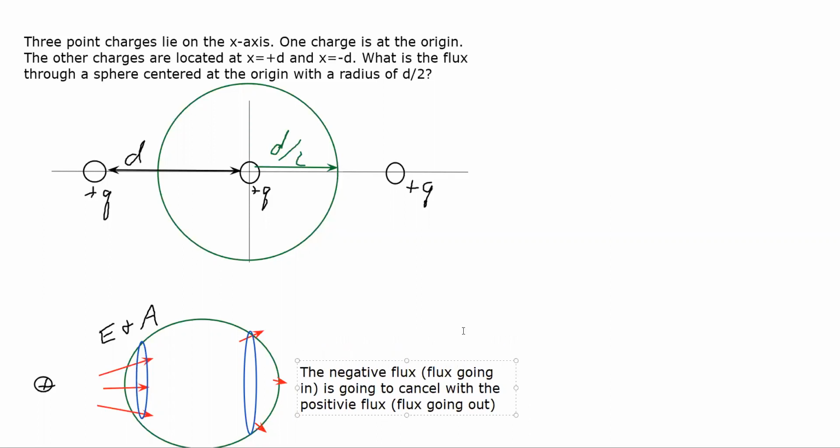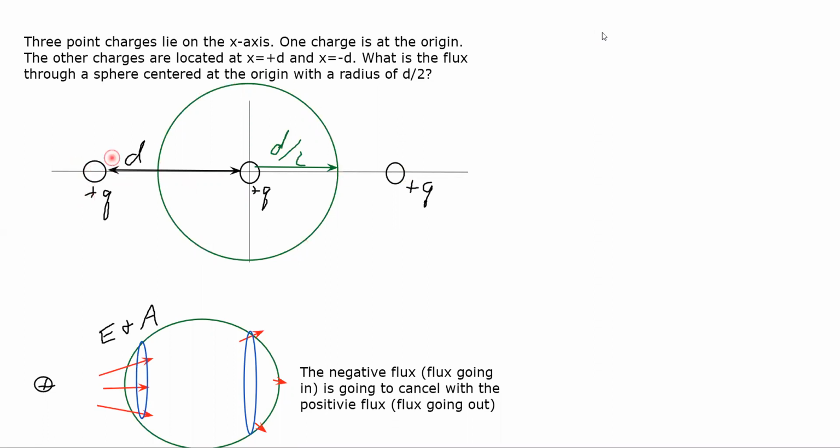So electric field or charges on the outside do not give you a flux through a surface. You do have flux going in, flux going out, but the net flux, the overall flux through this Gaussian surface here is going to be 0. So this charge here and this charge here do not contribute at all to the flux through this.